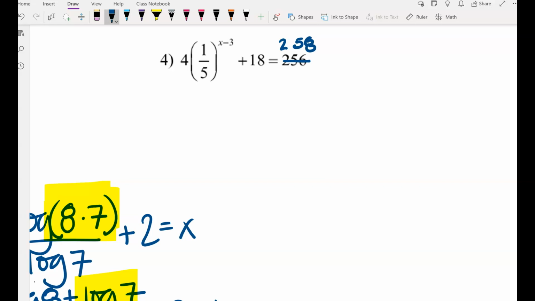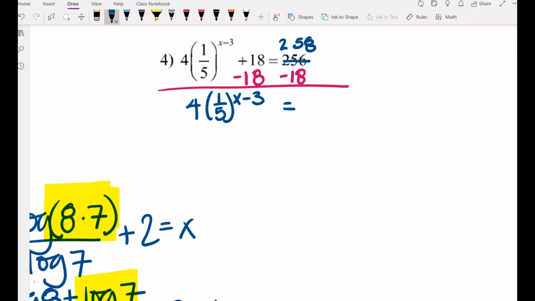So to isolate your base, you are going to subtract 18 from 258. So we got 4 times 1/5 to the power x minus 3 equals 240. Then divide both sides by 4.